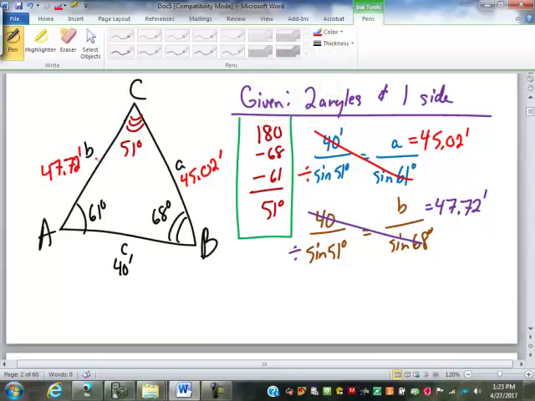Now, before we wrap up this question and move on to the next, do these answers make sense? Well, which angle is the smallest angle? 51. What's the smallest side? 40. That matches up. What's my biggest angle? 68. Is it across from the biggest side?